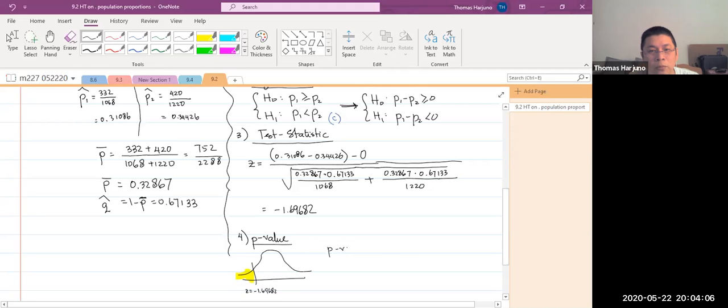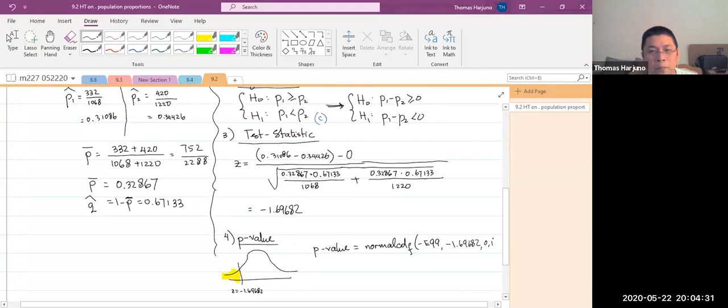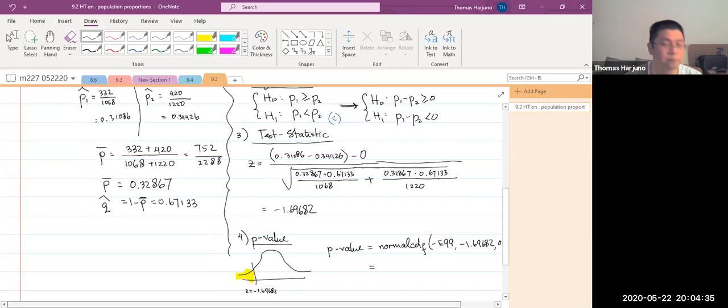The p-value is normal CDF because we use Z. Normal CDF, negative E99, negative 1.69682, comma 0, comma 1. Or you can just ignore that 0, 1.